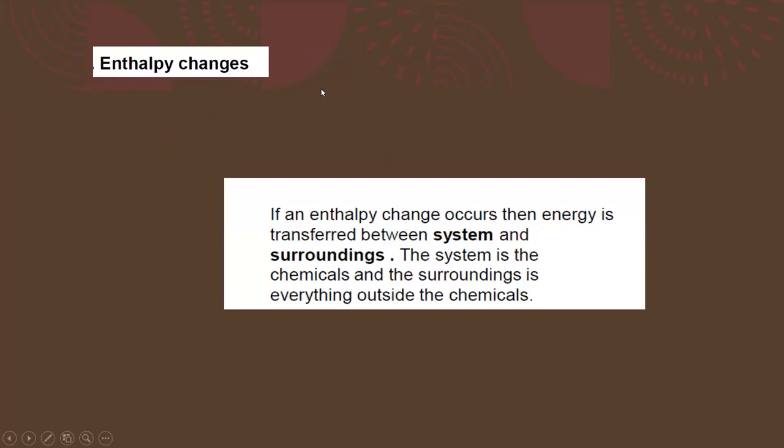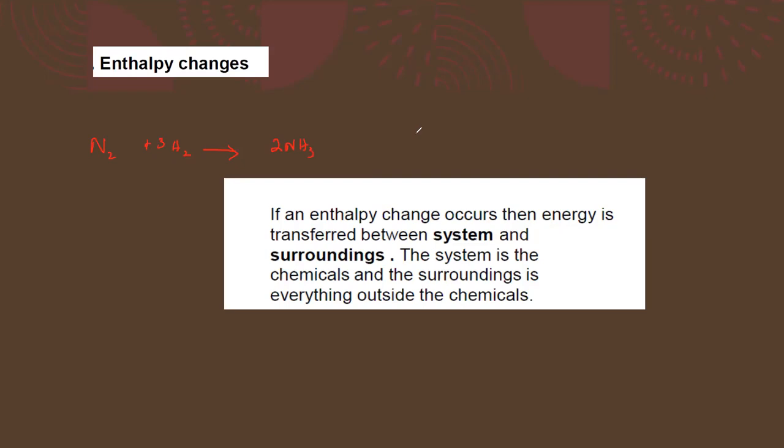So first, the definition of enthalpy change, or what is the meaning of enthalpy change? Enthalpy change is basically the energy which is transferred between the system and the surrounding. The system refers to the chemicals, and anything other than the chemicals refers to the surrounding. For example, if we have nitrogen reacting with hydrogen to give ammonia, what is the system here?